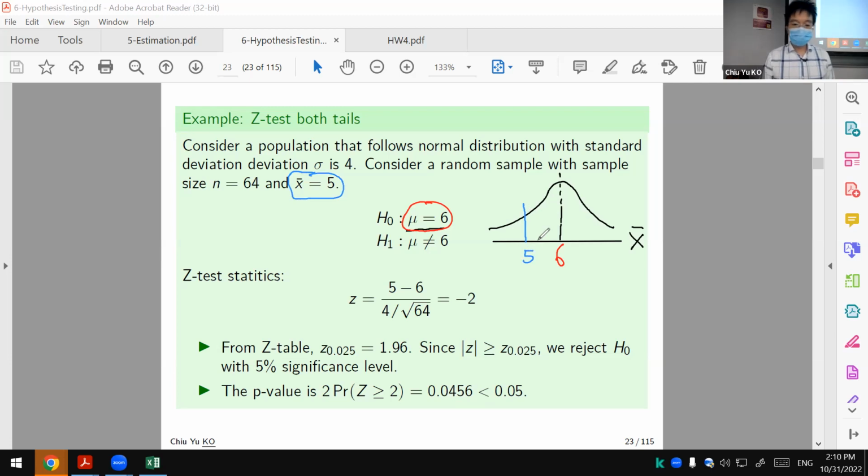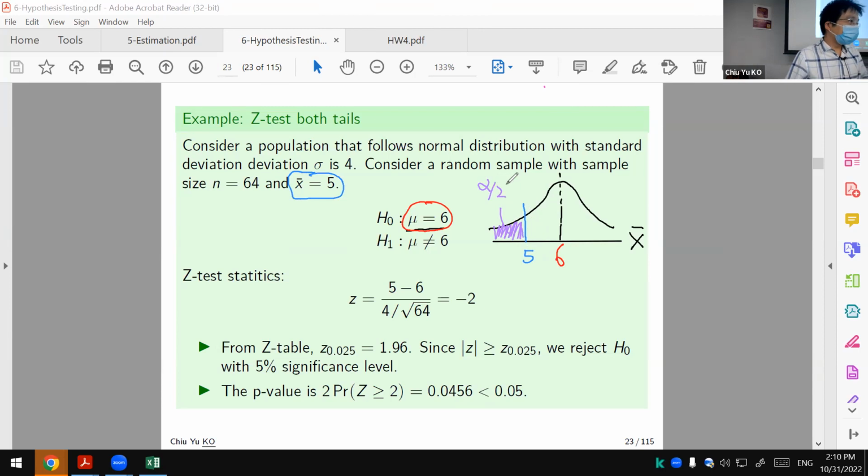Now, what we want to look at is how far away this is. We look at whether this area is smaller than alpha over 2, or 2 times this area is less than alpha. That is the main thing we're looking at.